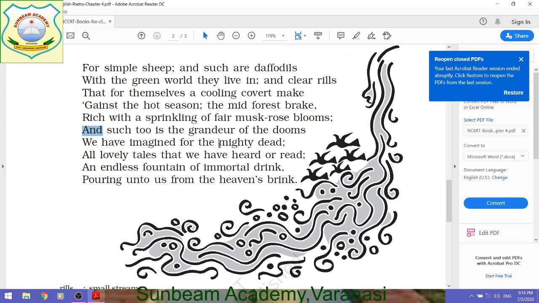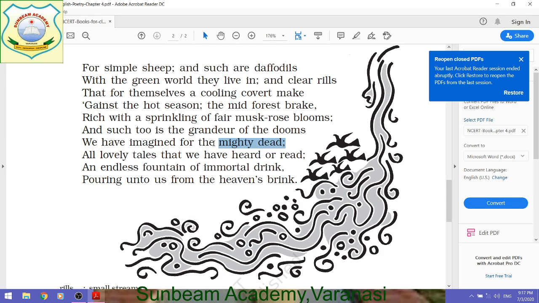This "mighty dead" is an oxymoron when we talk about figures of speech. Who are these mighty dead? The poet refers to our powerful and great ancestors, our great forefathers, because their deeds are great, and they are a constant source of inspiration for generations to come.